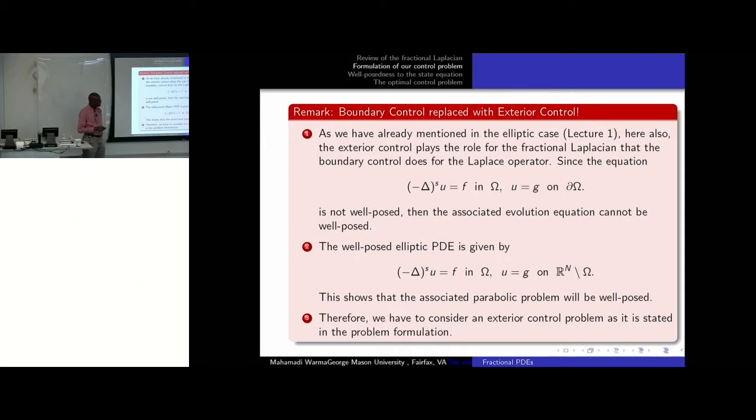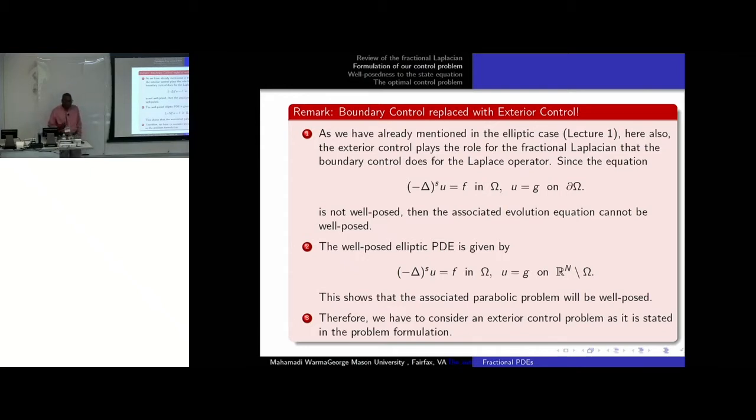So the Dirichlet problem is not well posed, and of course the associated parabolic problem will not be well posed either. Then you cannot have a boundary control. What we know to be well posed is that if I know a function g outside, I can recover an s-harmonic function. That is the well posed Dirichlet problem for the fractional Laplacian. For that reason, in our parabolic or elliptic problem, we just have an exterior control instead of a boundary control.